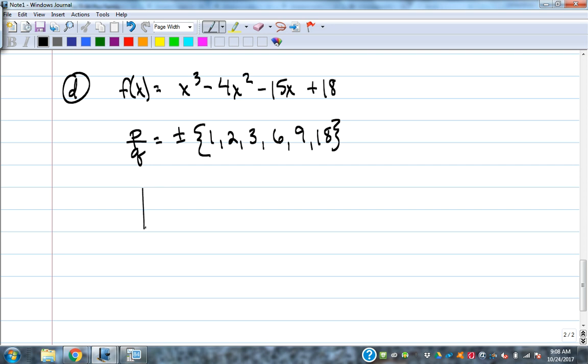Set up synthetic division with a 1 on the shelf. And then run that through with synthetic. We should have a remainder of 0.